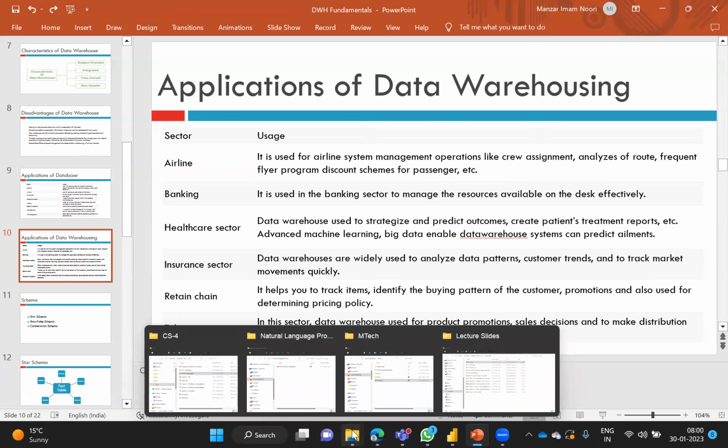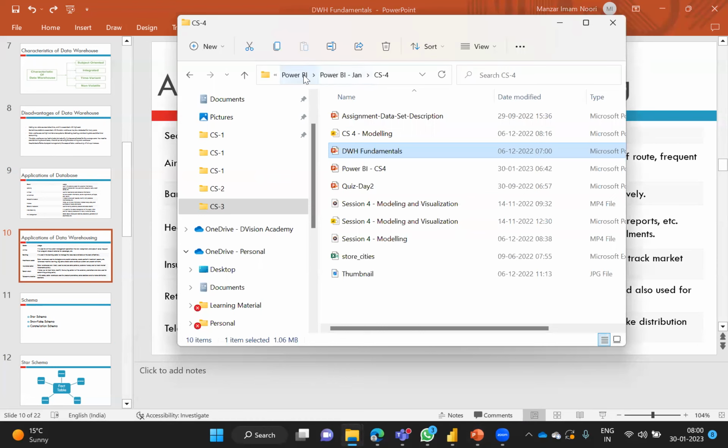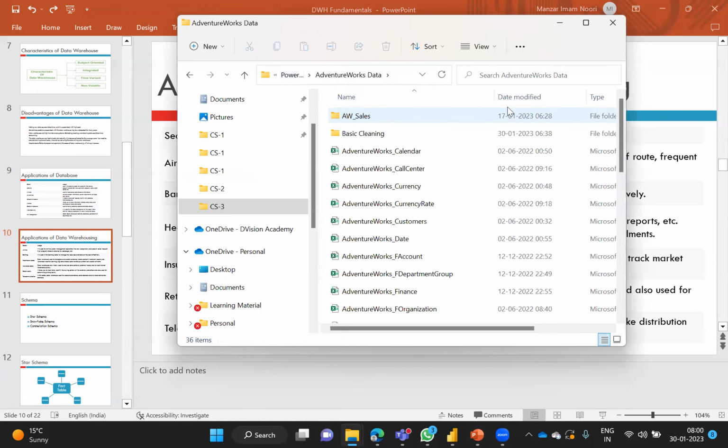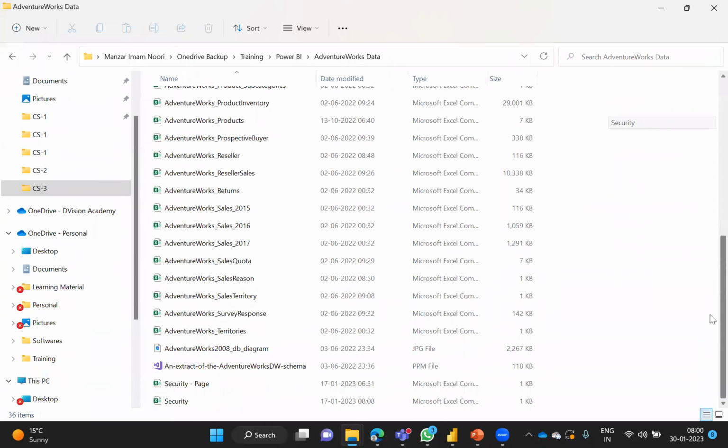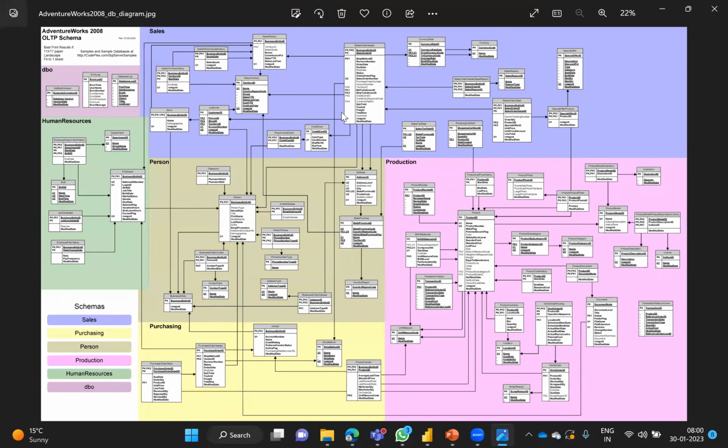Let me just go to the system. It will be like this, entity relationship modeling. This is a DB like this. They will create the ER modeling, and it will look like this.